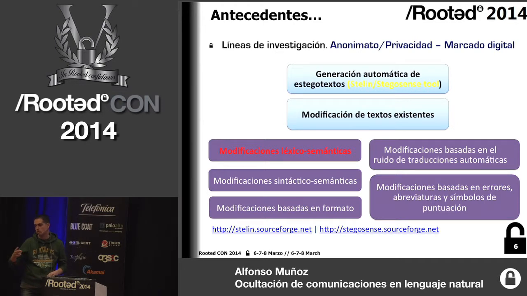Basically, we are talking about hiding. In natural languages, we have 2 fundamental lines, one of them being automatic generation. That is to say, I generate an algorithm that will produce meaningful text, so that a person can read a text which is free of faults. You may try that out if you want.